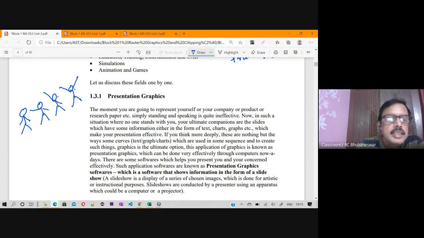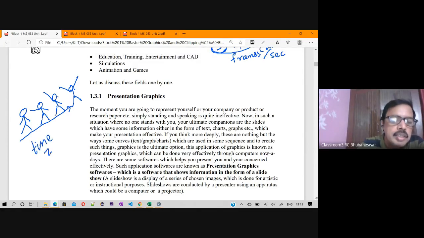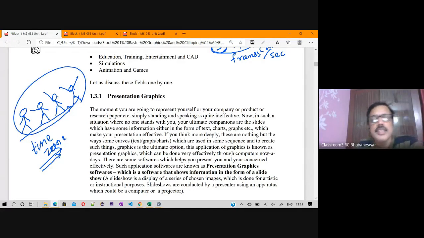If they are happening in a time zone very frequently, at very high speed, it will feel like an animation or a video. So there is a parameter called FPS, frames per second.